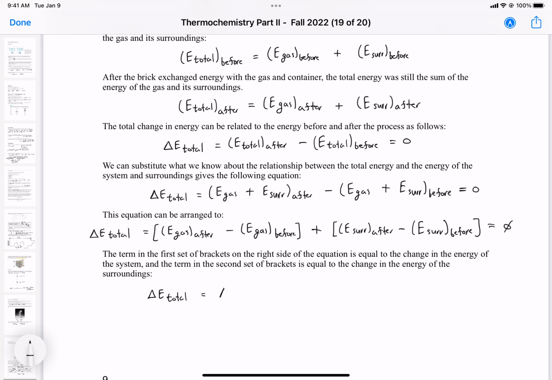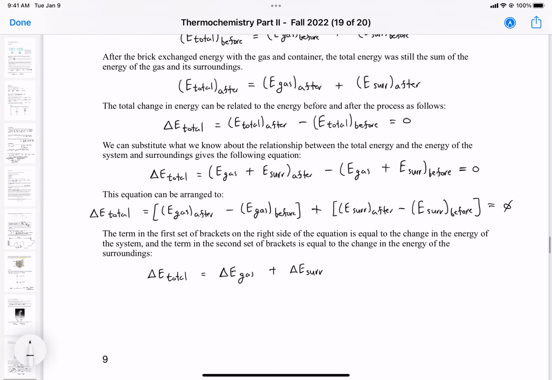It equals the change in the energy of the gas before and after the process, plus the delta E of the surroundings. So we can represent it simply like this, okay? All right, so we can simplify it like that, and that's how we represent the total energy.